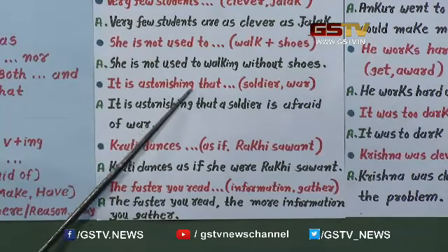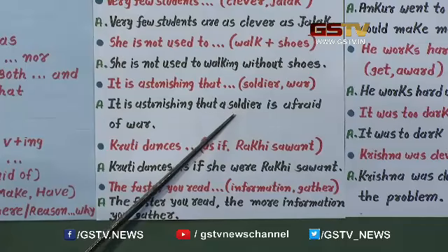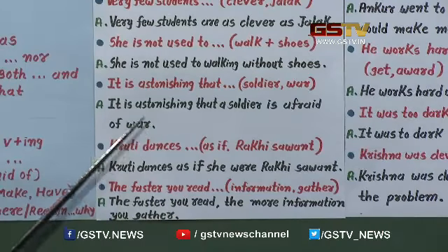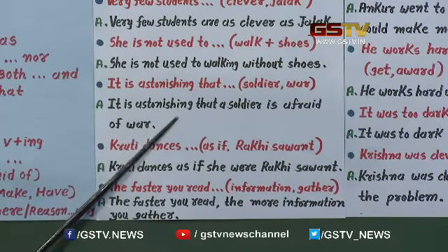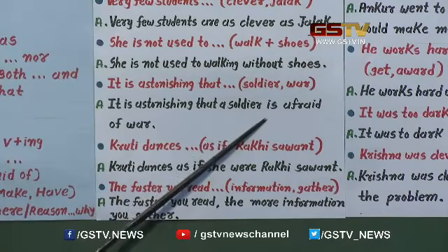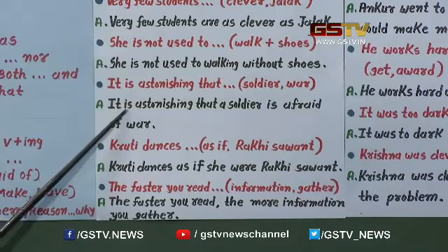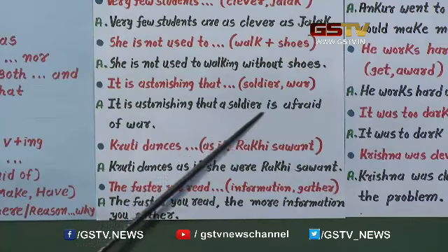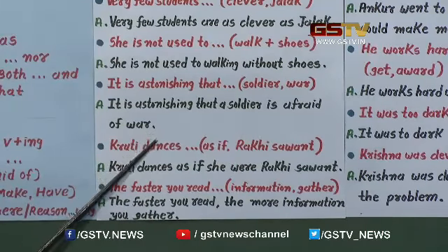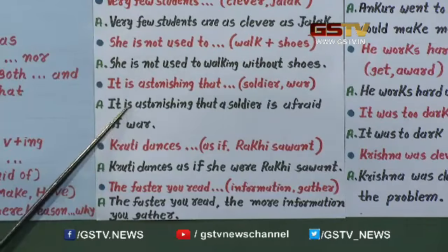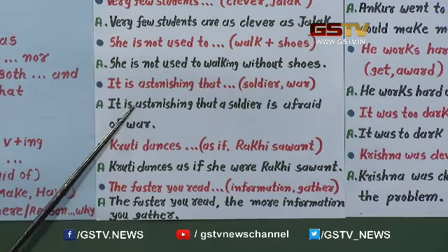It is astonishing that a student is afraid of examination. It is amazing that a doctor is afraid of operation. It is surprising that a teacher is afraid of teaching. Whatever sentence is there, you have to complete it in this way.